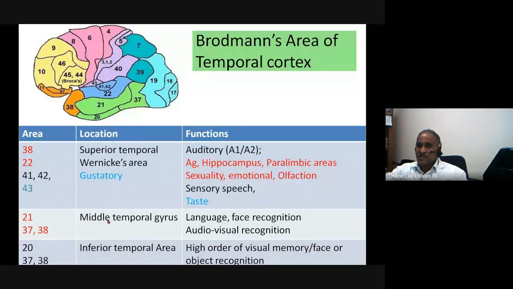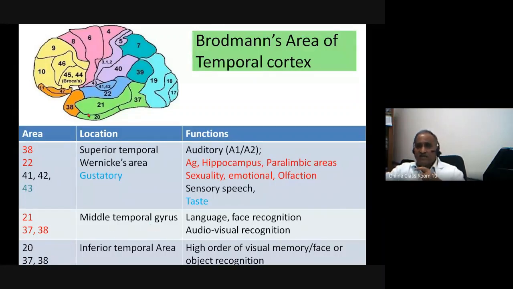And this is concerned with the language, the auditory component of the language, and it is in association with area 19 and area 39, that is face recognition and audio-visual recognition. 37 is a part, 19 is visual, and 37 is auditory, and they are connected. Audio-visual recognition, face recognition and language are the functions of the middle temporal gyrus.